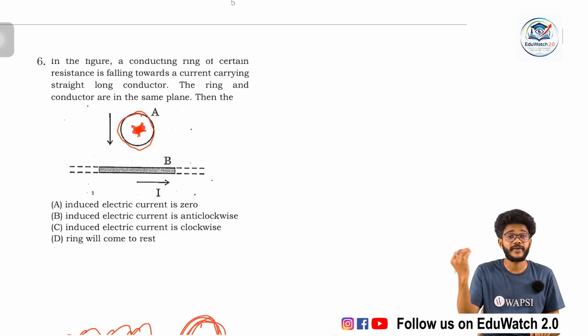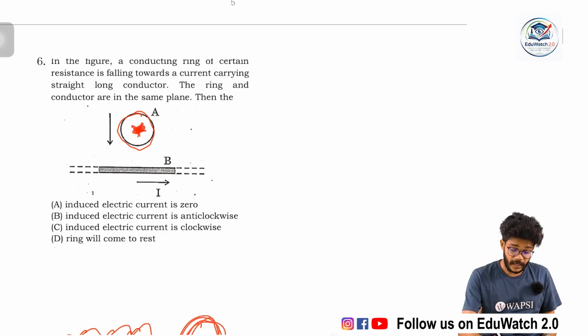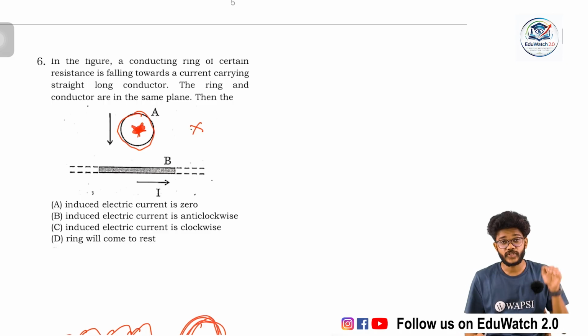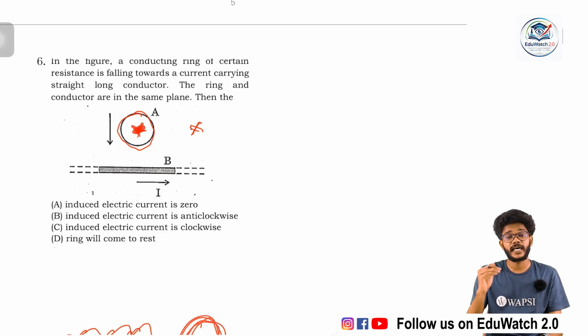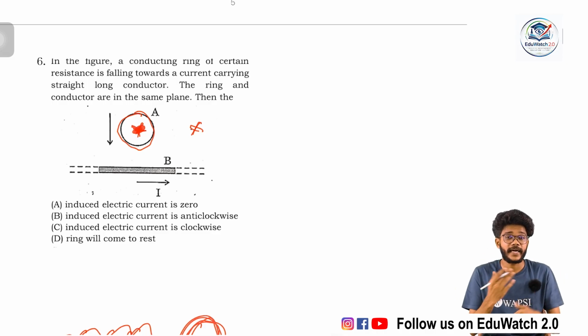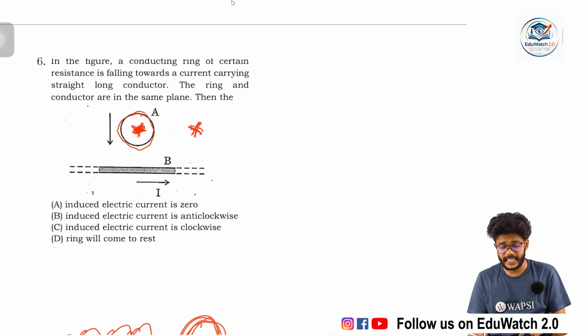So we can calculate the direction of the magnetic field. The direction of the magnetic field will be into the page. That means this kind of magnetic field can only diffuse the magnetic field given by the conductor. So I can mark the induced magnetic field as into the page.